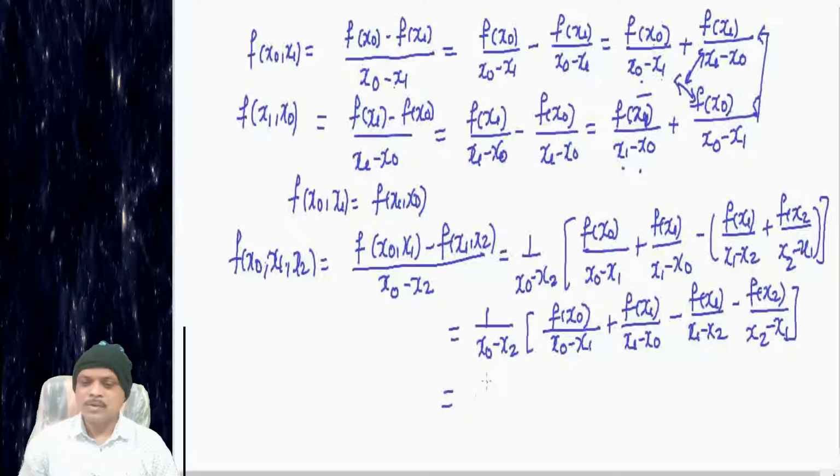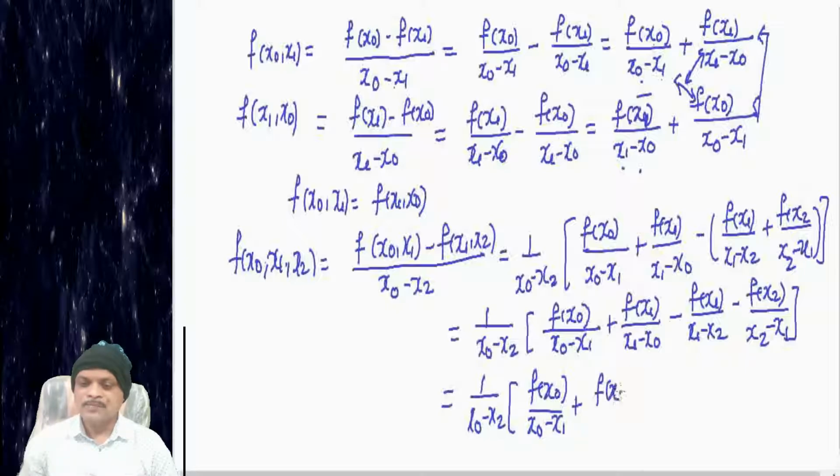Equal to 1 divided by x0 minus x2, f of x0 divided by x0 minus x1 plus, from these two let us take f of x1 common.